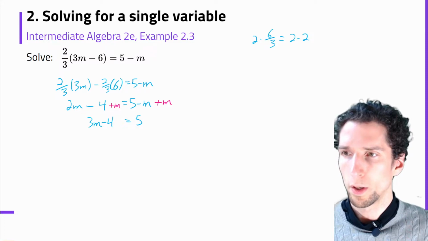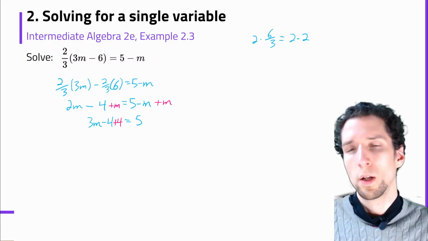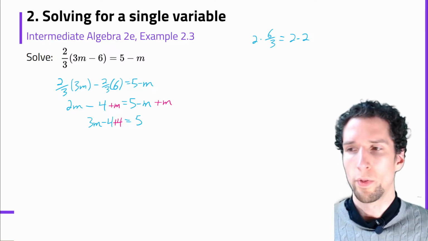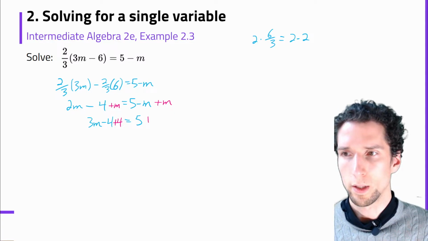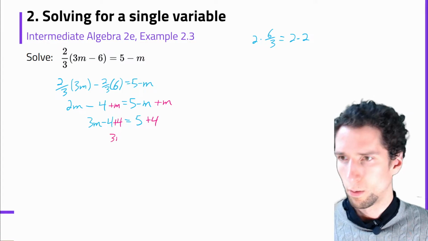And then the 4 also we want to move over to the right side, so we have minus 4, so we do just the opposite operation, plus 4.